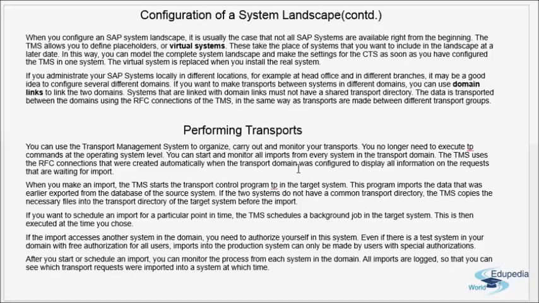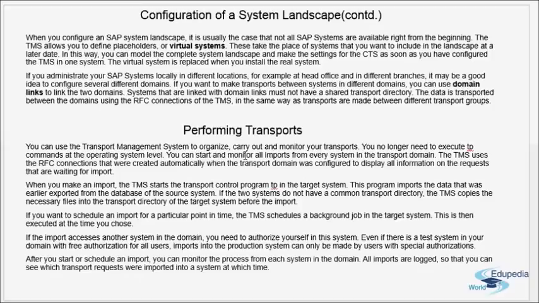In the later videos of this change and transport system, we learn about the different transaction codes which are used in this CTS. And at OS level, we have TP commands, the transport protocol commands. So you no longer need to manually run these commands at the OS level, the TMS takes care of transports.